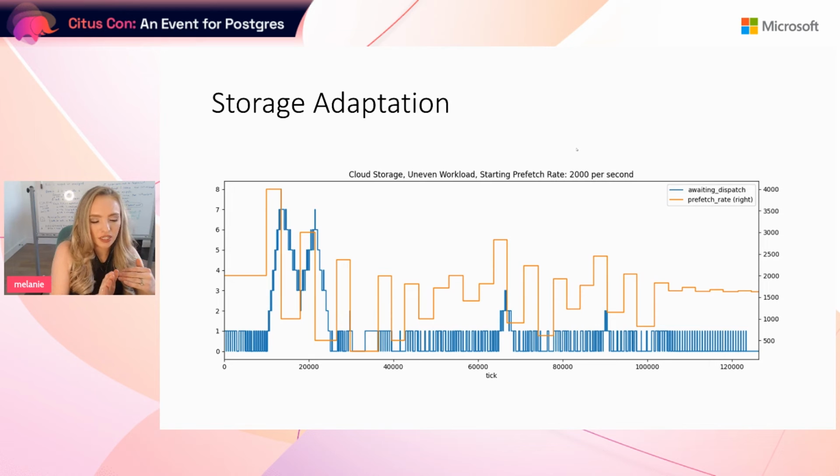What you'd want is for it to adapt to changes in the storage resources available and to the consumption rate. If it never tried to go back up, the prefetch rate, then we might miss an opportunity to keep the consumer from waiting. And so you can see it goes back up, and then it realizes that it's overshot, and it goes back down, and starts to stabilize towards the end.